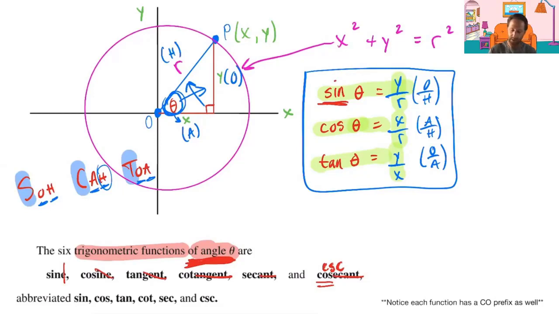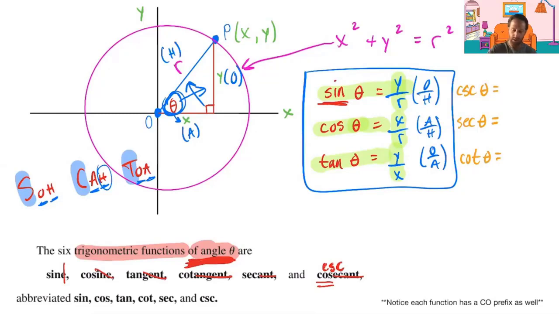And so sine, its reciprocal function is cosecant. Cosine is secant, and tangent, the easiest one, is cotangent. And we call these reciprocal functions because that's all they are, the reciprocal of each one of these ratios that we got out.